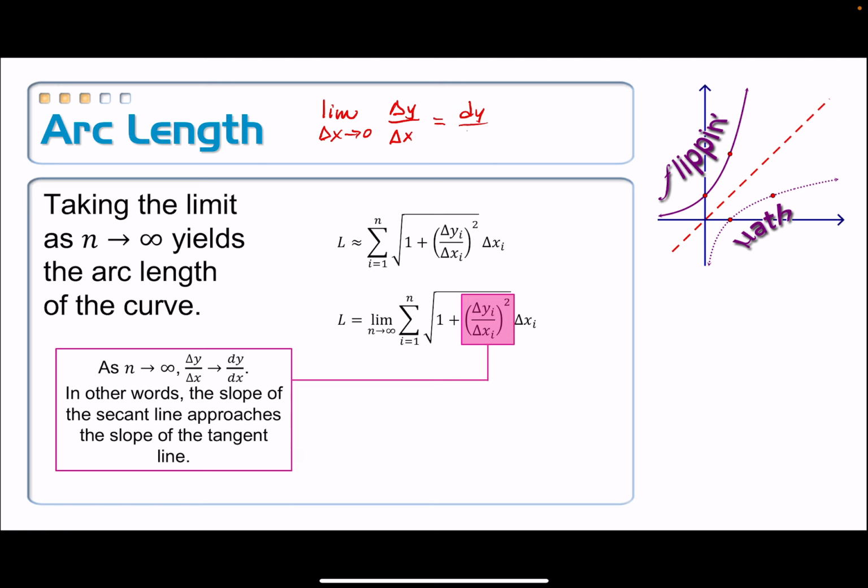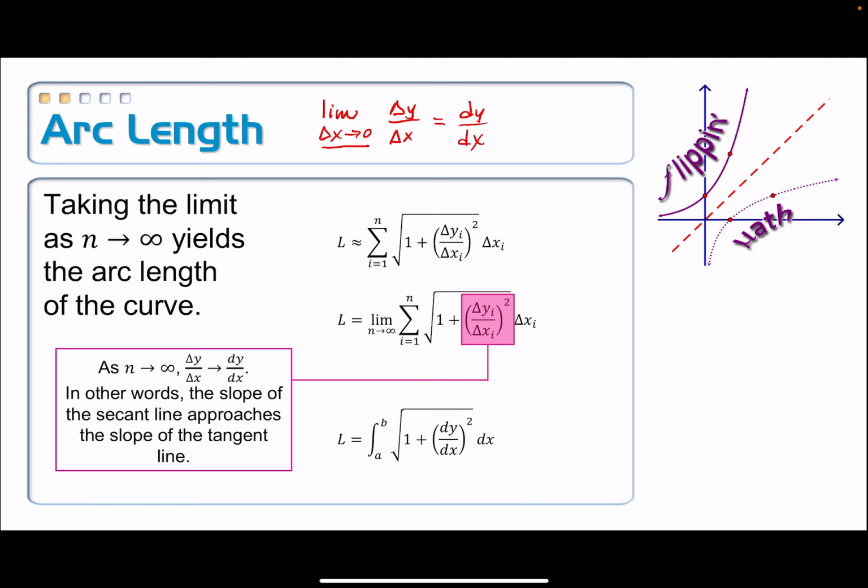That's basically the definition there. Now, of course, this is not exactly what we have right here, but they are equivalent to each other, because as the number of partitions increases without bound, then of course our width goes to 0. All of that to say that as the limit as n approaches infinity, this thing is just going to turn into our derivative dy/dx.